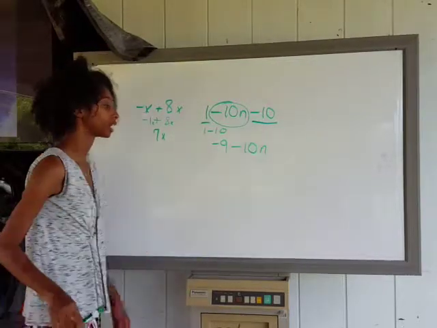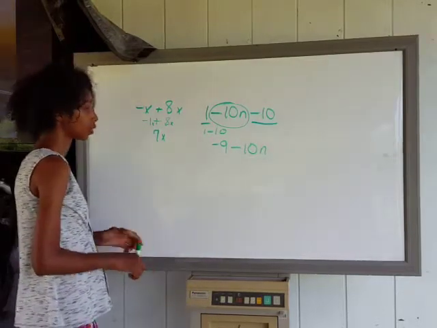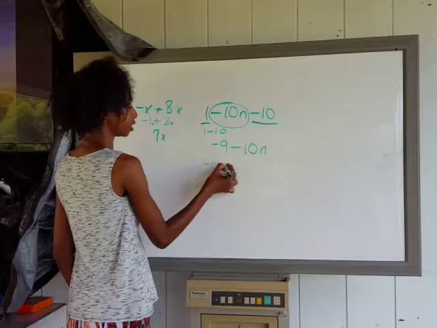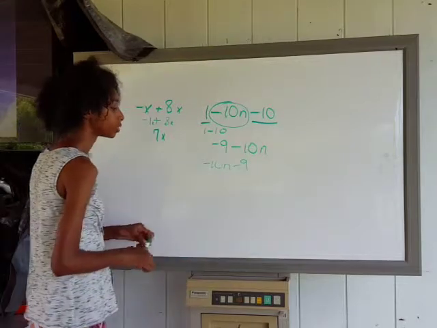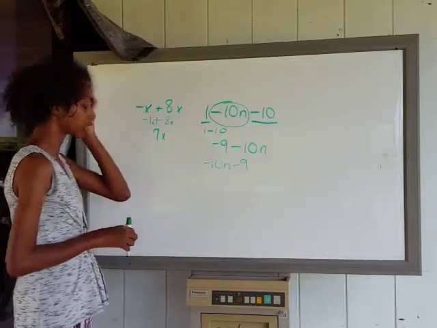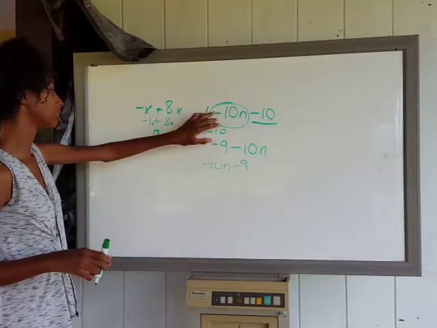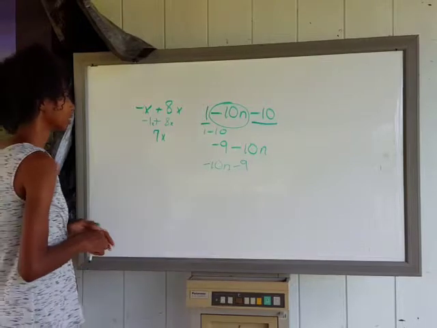So it reads negative 9 minus 10n. Or you could have left that in the front and it would read negative 10n minus 9. Either way would have been correct, as long as you keep the sign with it.